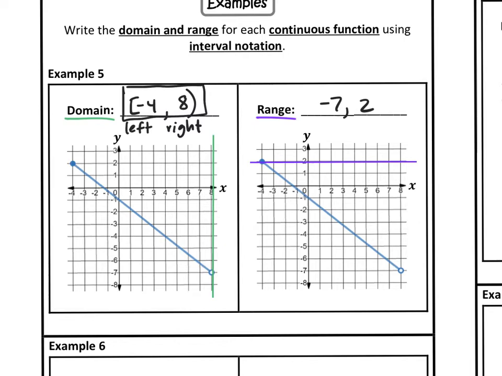Now, the question is, should I put parentheses or brackets? For -7, there was an open circle there, so I'm going to put parentheses. As I scanned and got to +2, there's a closed circle at +2, so I'm going to put a bracket.